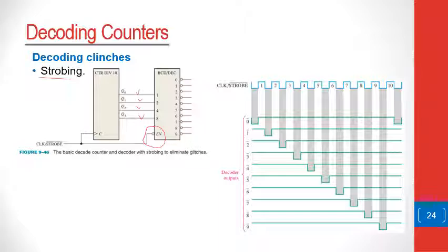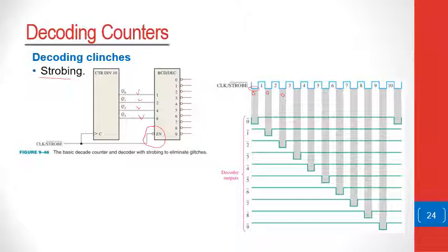So in this case, the clock, as it runs, will only enable the decoder once the outputs of the counter are settled. So the decoder will only respond after the falling edge. It will only respond whilst the value of the clock is at 0, like here and here and here.